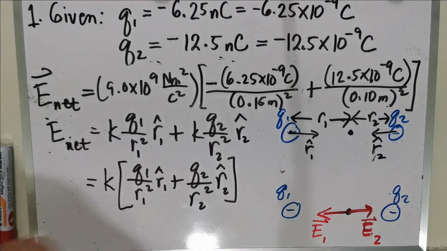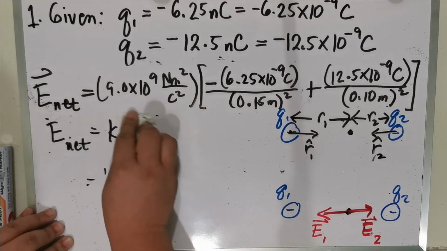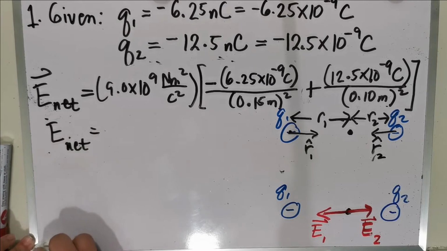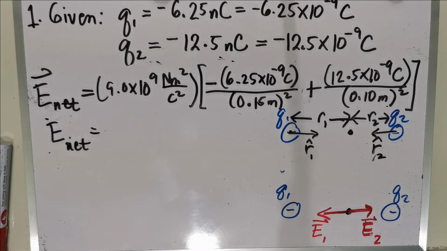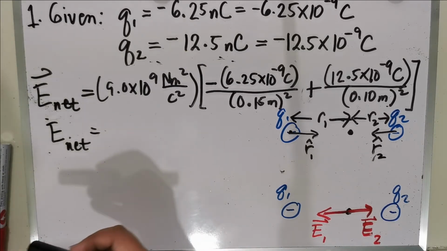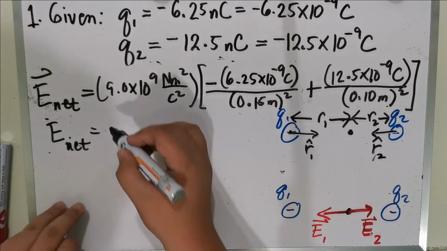So, with this one, the value of the net electric field or the combined effect of the electric field at point P due to these two charges would now then be equal to 8,750 Newton per Coulomb, and it is directed I hat.